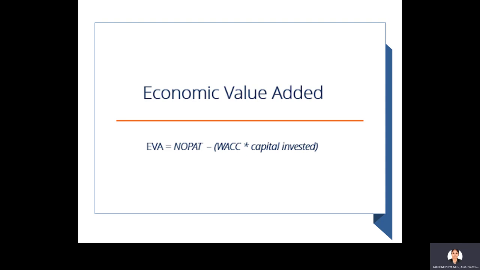The adjusted present value model discounts the unlevered equity cash flow, which is the same as the free cash flow to firm, at the unlevered cost of equity, and adds to it the discounted value of the interest tax shield on debt. The economic profit model discounts the economic profit stream at the weighted average cost of capital and adds to it the current invested capital.